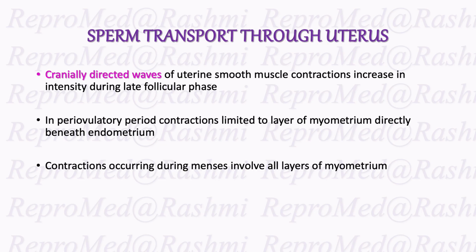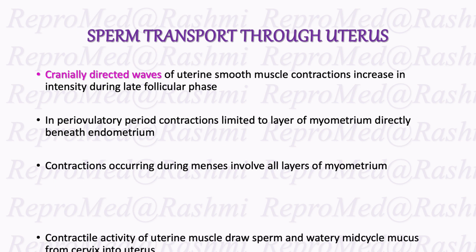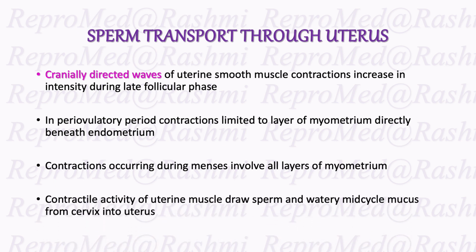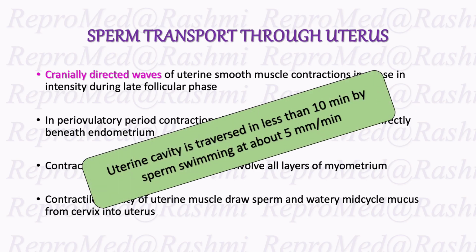Contractions occurring during menses involve all layers of myometrium. Contractile activity of uterine muscle draws sperm and watery mid-cycle mucus from the cervix into the uterus. So the uterine cavity is traversed in less than 10 minutes by sperm swimming at about 5 millimeters per minute.